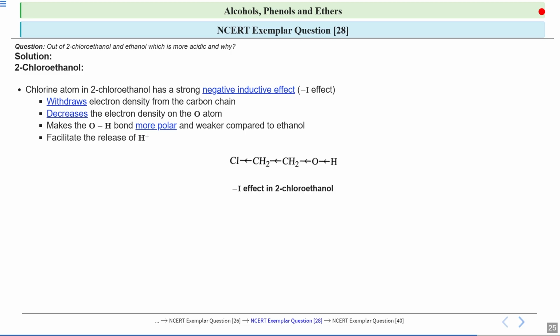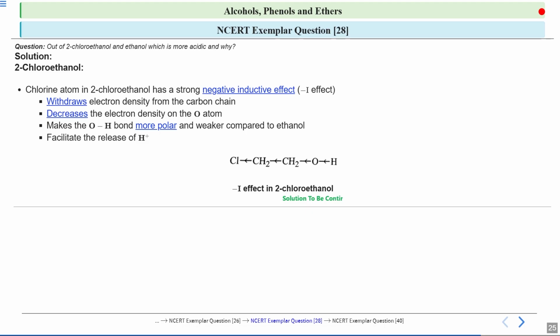So this H+ can easily leave from here. So it will facilitate the release of H+. That is why it can easily release its H+ ions. So this will be more acidic because of the minus I effect of the chlorine atom. It will pull the electron density away from the carbon chain, which will affect the OH bond.